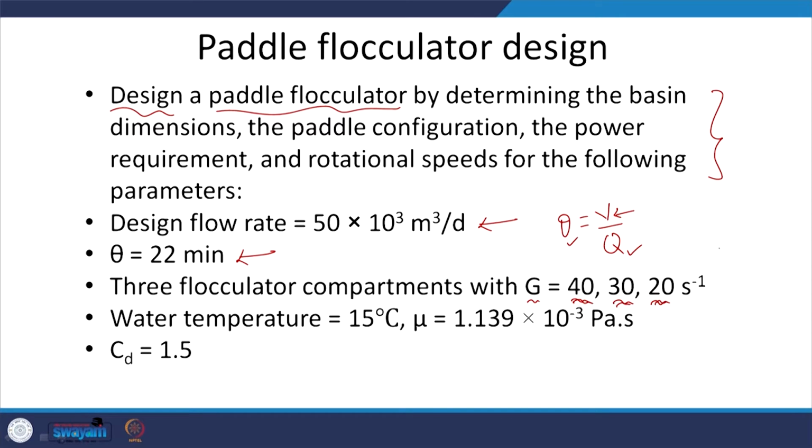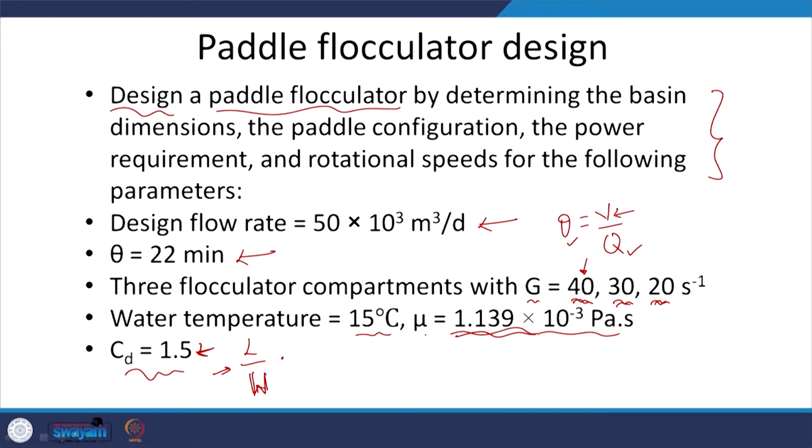You will never have one with a uniform level of mixing. In this session, we will only look at one compartment, and you can design the other compartments similarly. We are given the water temperature, at which the viscosity is given, and the coefficient of drag, which will depend upon the length to width ratio. This will be in the relevant tables.